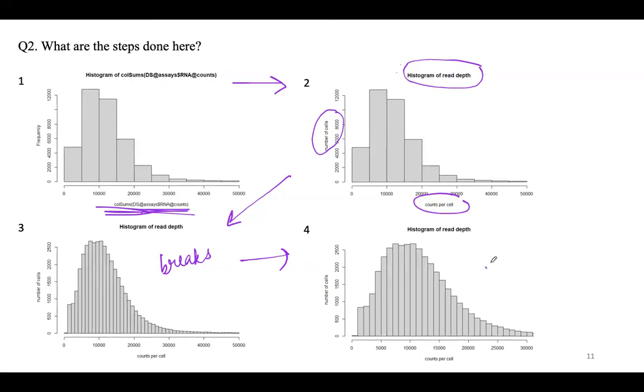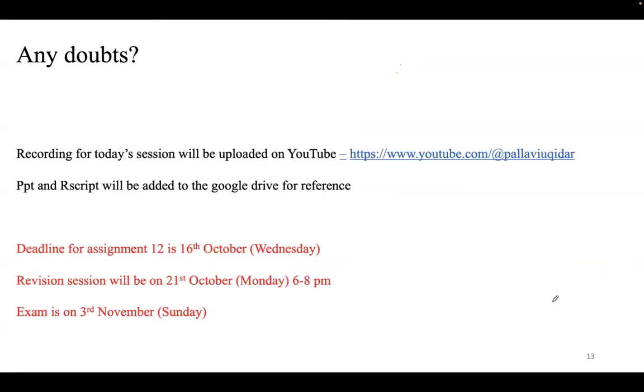So you remember we saw xlim is equal to c and you give one value and then you give another value. Here, by default, all the values were between 0 to 50,000. And now you've specified 0 to 30,000. So it's still plotting, it's just plotting this bit now. Okay. So that's it.